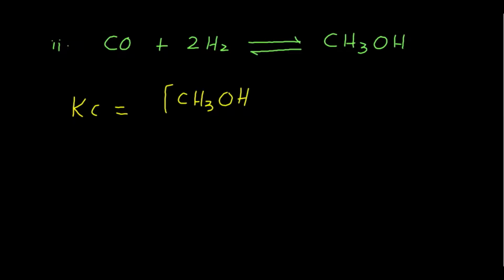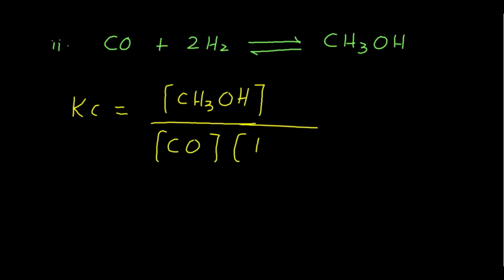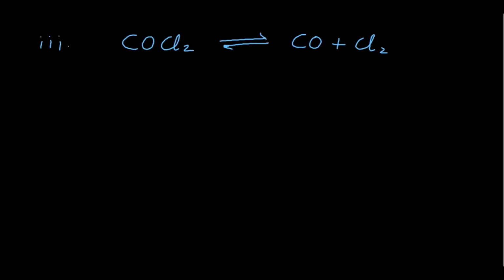And the reactants are written in the denominator. What are the reactants? Carbon monoxide and hydrogen. The number of moles of hydrogen is 2, so that 2 is changed to a power. I hope Kc for this reaction is clear to you.